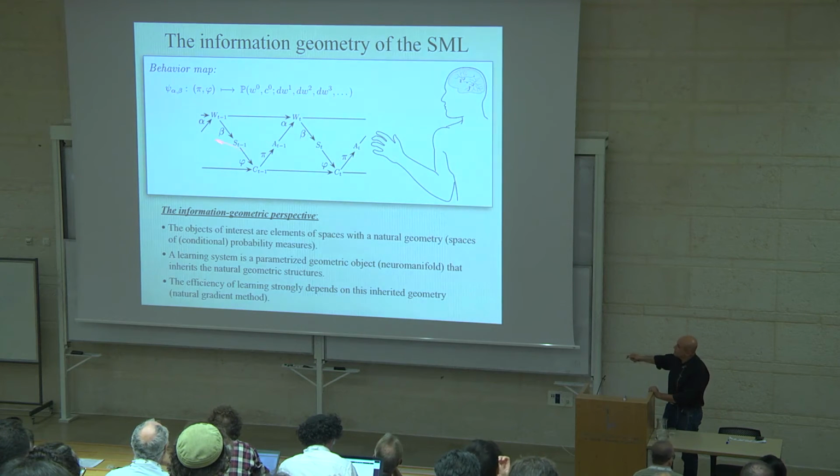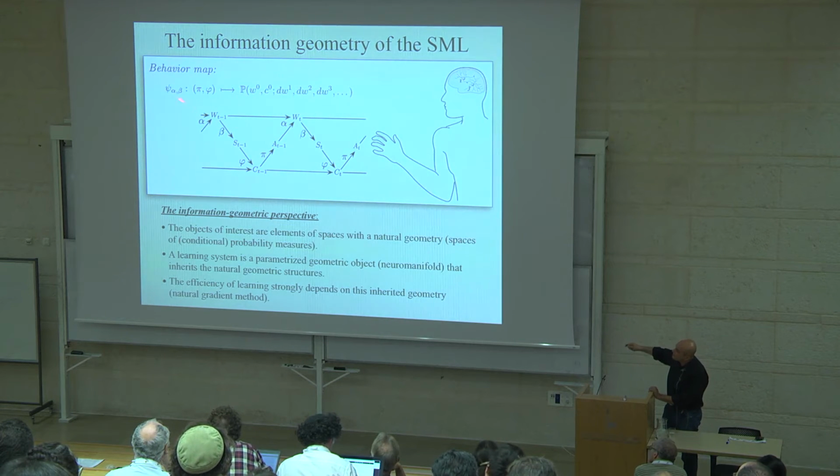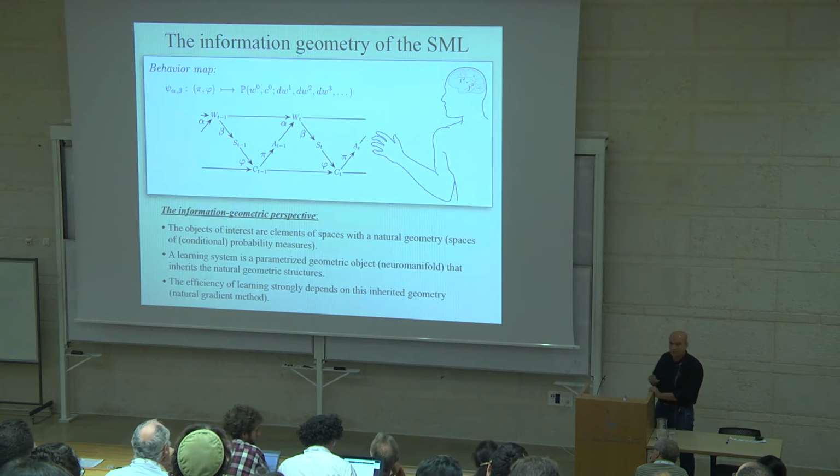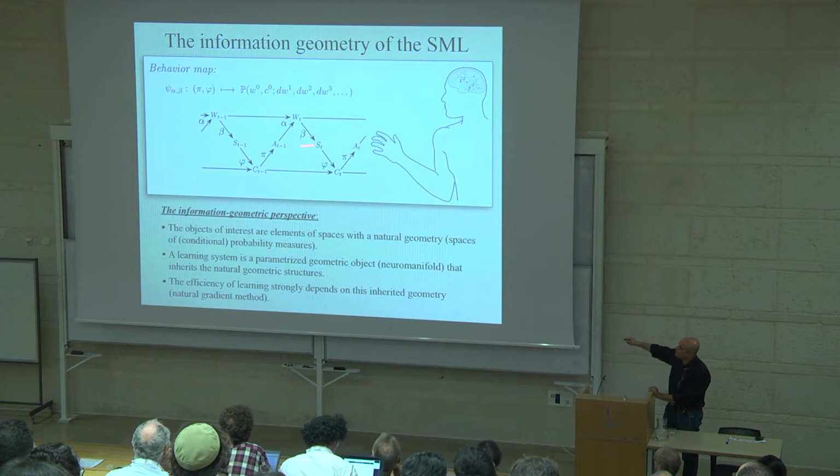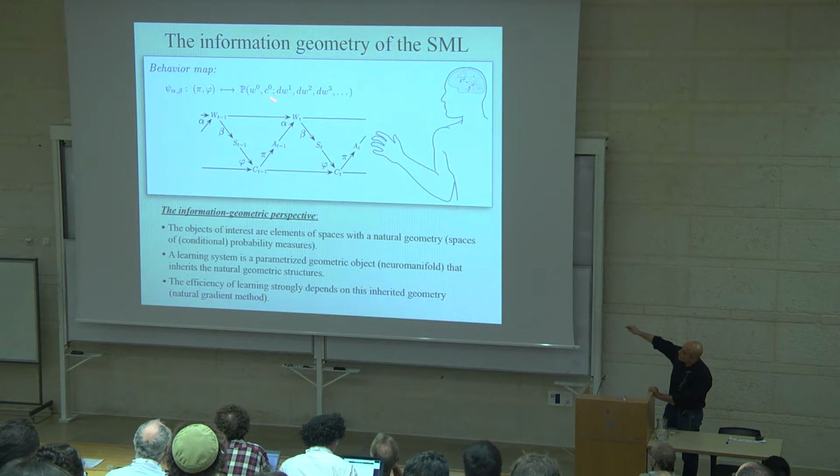So now, if you have all the mechanisms, they give rise to the behavior. Basically, all the mechanisms generate a joint distribution on the whole sensorimotor loop. And then if you marginalize out all the intrinsic quantities, you get this distribution on trajectories, which I condition on the initial state of the world and the initial internal state of the controller.